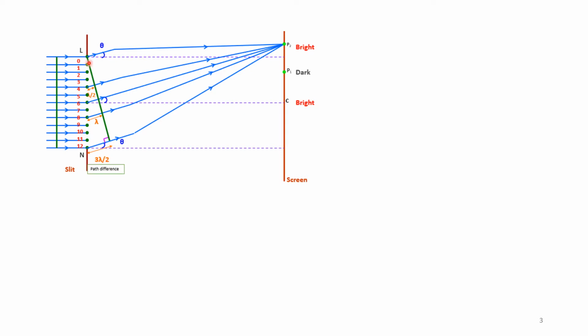That means this slit is divided into two parts. When the two parts happen, light rays from the upper part are out of phase with the lower part, that is a 180 degrees shift between the two rays. Hence, each component gets cancelled and they converge at a dark point.